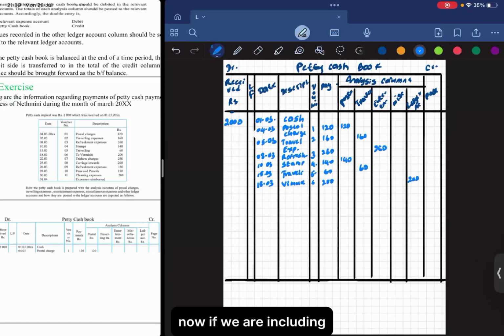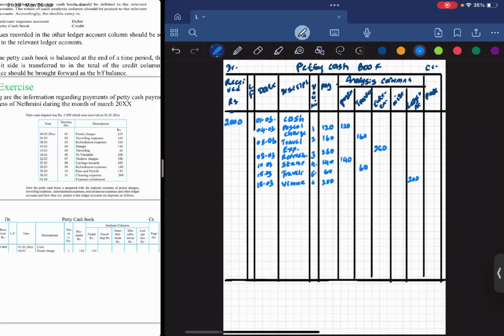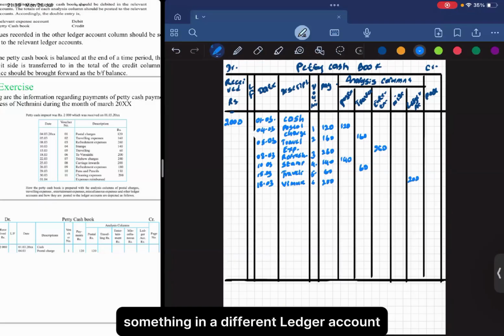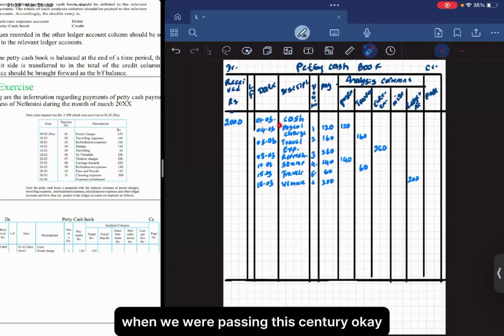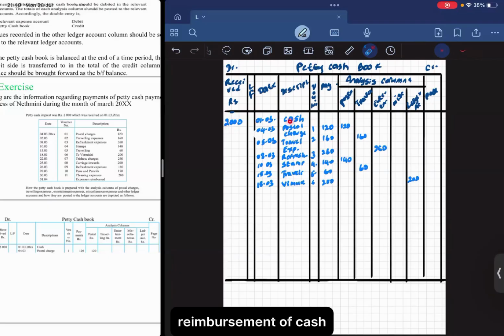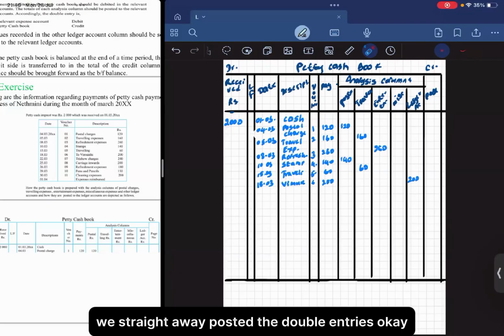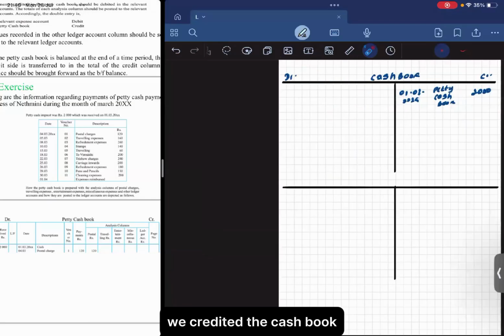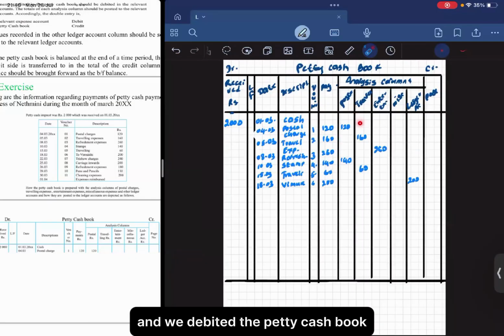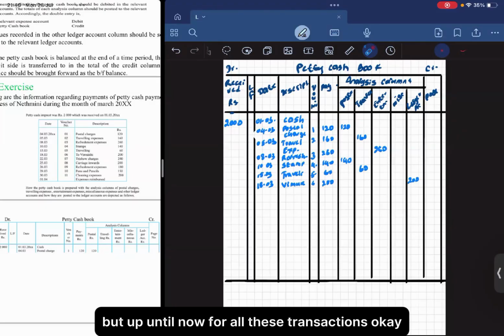Now I want to tell you a small thing. When we were starting this, when we were passing the entry for reimbursement of cash, we straight away posted the double entries. We credited the cash book and we debited the petty cash book. But up until now, for all these transactions, we entered only one part, the credit part.